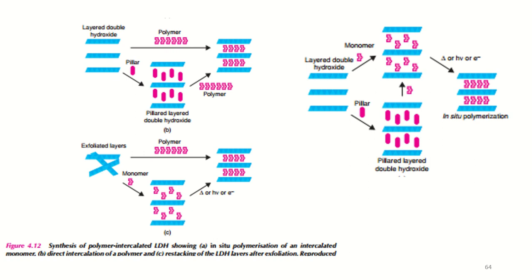This is a schematic diagram of the direct intercalation of organic molecules which can be subsequently polymerized in situ, or indirect intercalation of some polymer molecules.